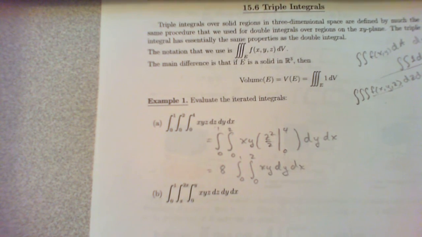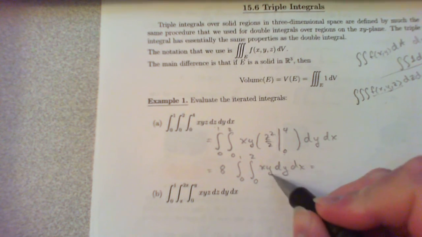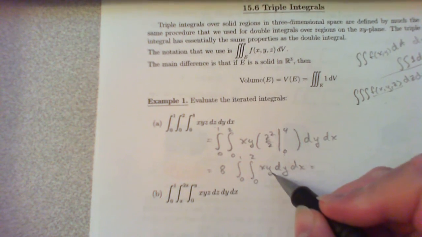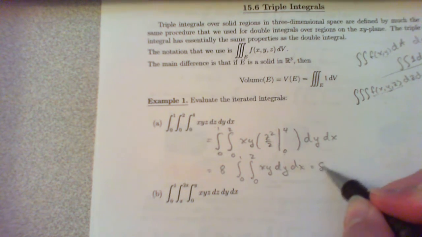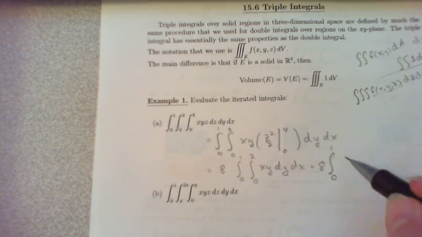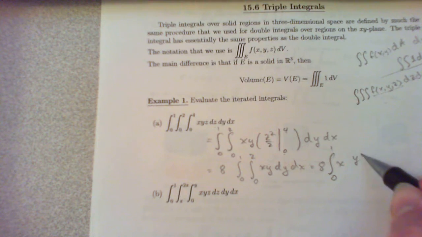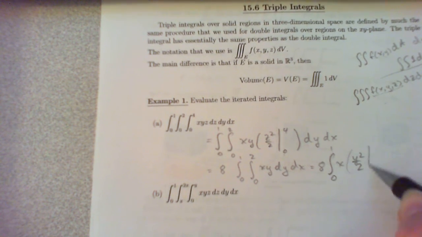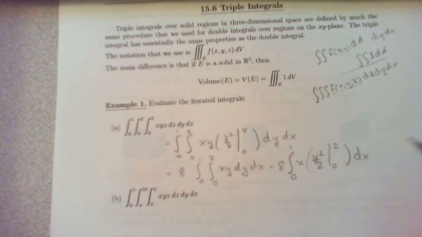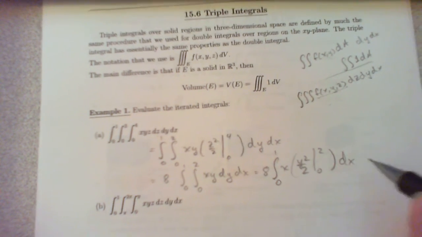Now we're in a position just like from the previous homework. So x is a constant, antiderivative of y is y squared over 2. So I have 8 times the integral from 0 to 1, x was a constant, y squared over 2. That needs to be evaluated from 0 to 2. And then eventually I have to deal with the differential dx.